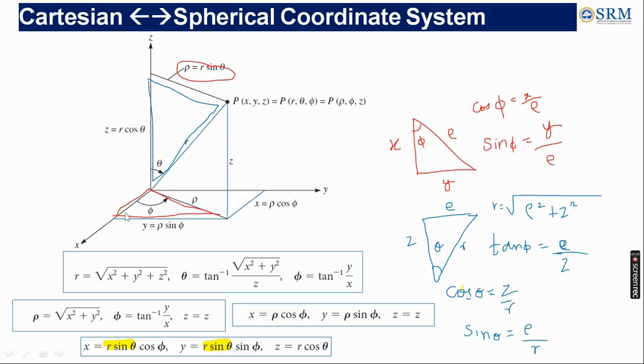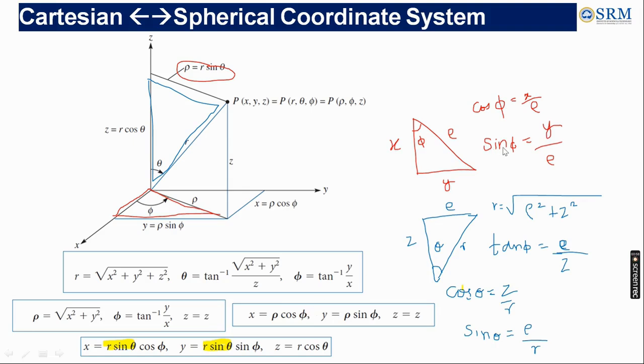From the x-axis this point makes an angle phi, and from the z-axis it makes an angle theta. We already studied in the cylindrical coordinate system, using the lower portion of the triangle, the relation between Cartesian and cylindrical coordinates: x equals rho cos phi, y equals rho sin phi. This we already found, right?